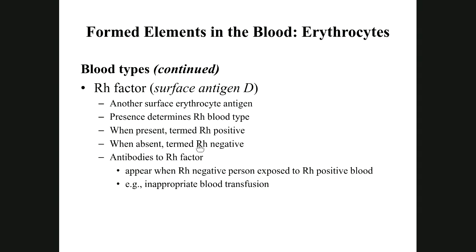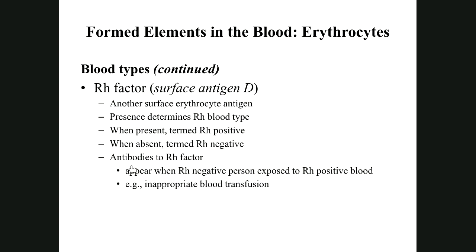Okay, so if you have it, you're Rh positive. If you don't have it, you're Rh negative. Now, here's the thing. If you're Rh negative, you don't naturally make antibodies. So when you're born, it doesn't matter if you're positive or negative, you generally don't have antibodies.